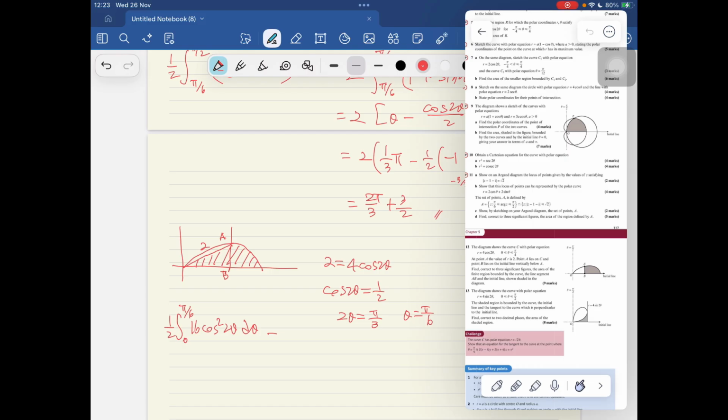We know this is 2 and this is pi over 6, so actually it's easy to find the area. This is 1, this is square root of 3, so the triangular area is square root of 3 over 2. So when you calculate this one, then you will find the area.